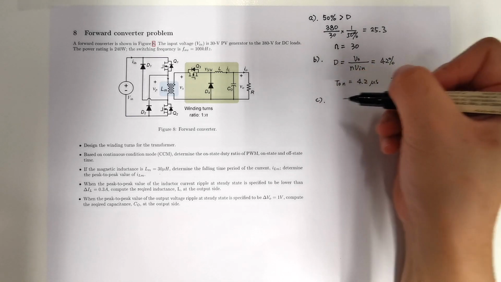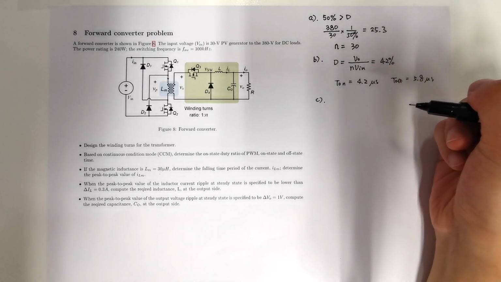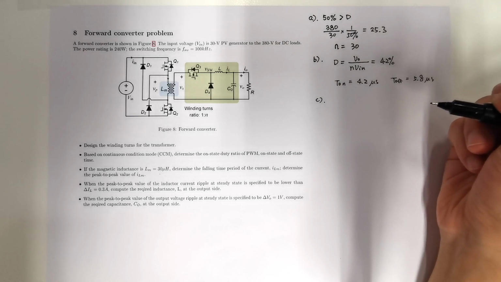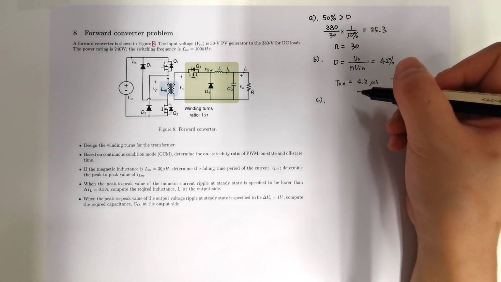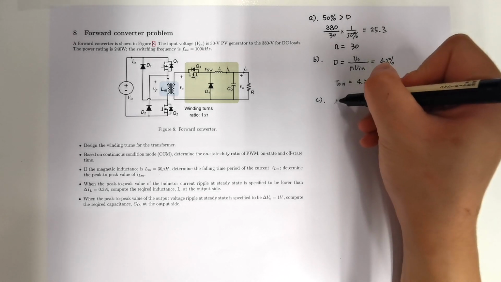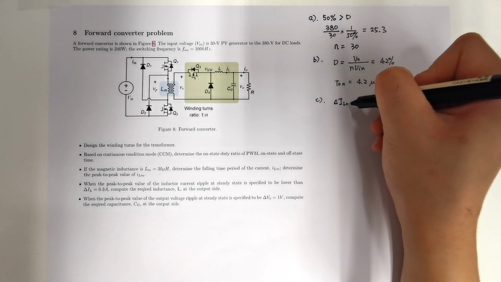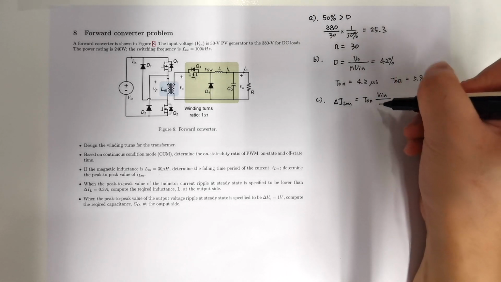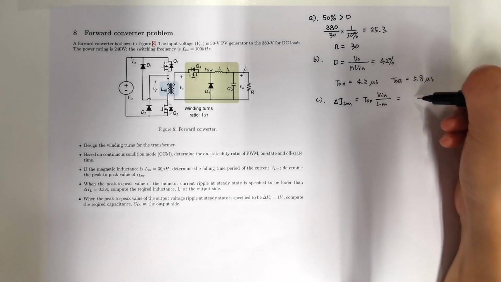The third question asks us to calculate the delta IL of Lm, and as our Lm always works in DCM, we can only use the on state to calculate the delta ILm value, and I got 4.2 mA here.